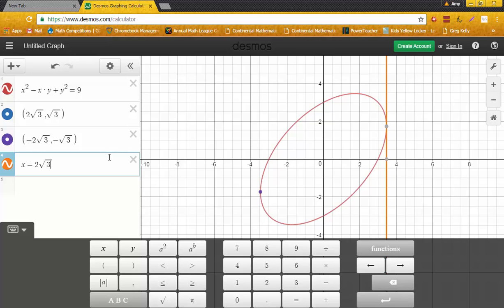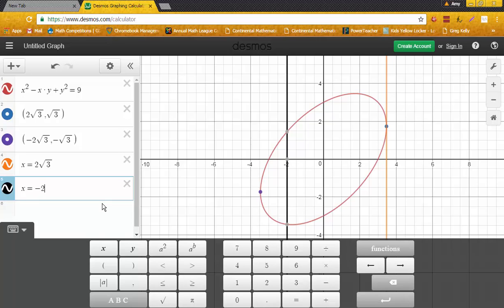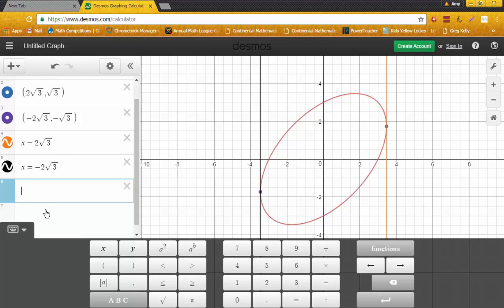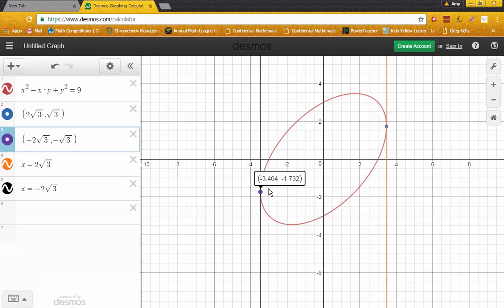Okay, and then the next one is going to be the negative. Do you see how that works? All right, will you click on the points, like over here? I don't know why they don't show the points in decimals.